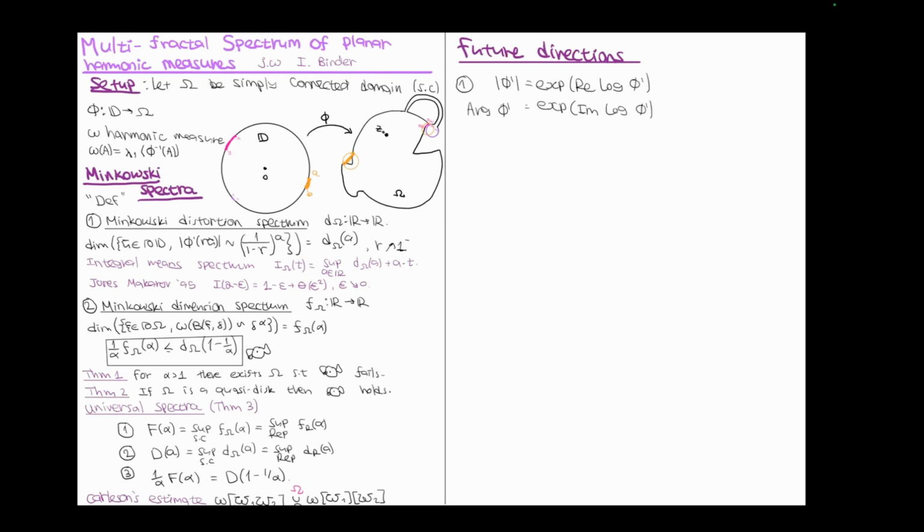Just like the absolute value of the derivative corresponds to the decay of the harmonic measure, the argument corresponds to something called the rotation, which is basically how much the boundary coils around a point. And so you have an extension of both spectra to also take into account the argument of the derivative, or the rotation.